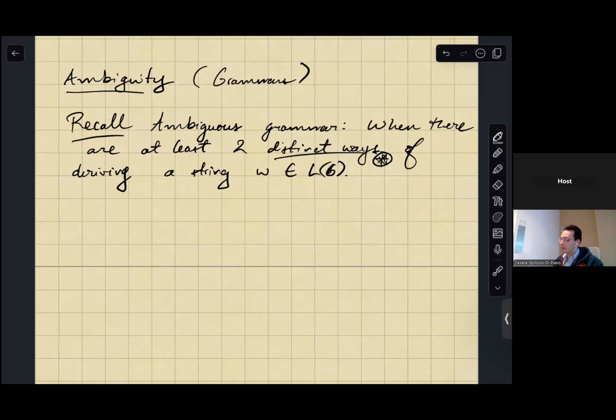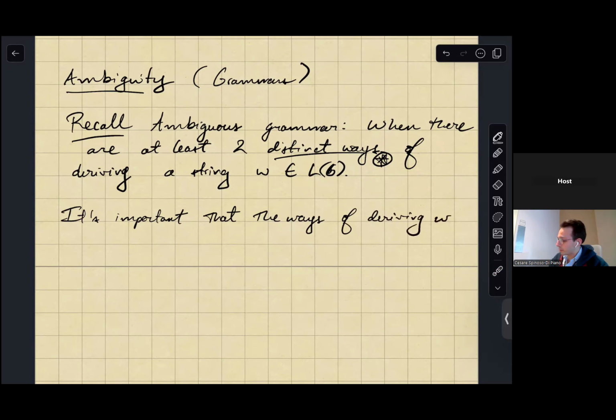And the reason why there's an asterisk on distinct ways is that it's really important that the ways of deriving W are truly distinct.